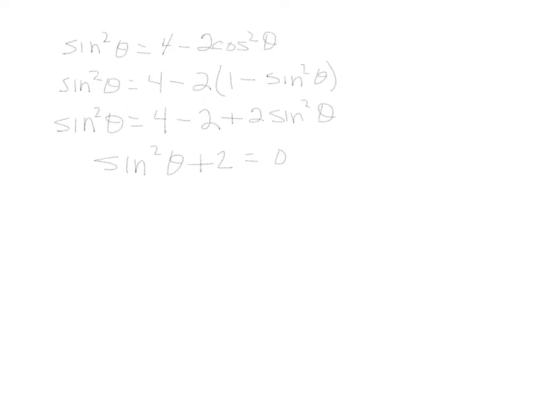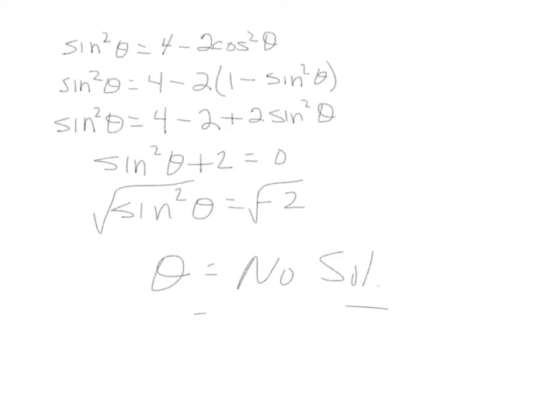So I'm going to subtract my 2. I have sine squared equals negative 2. What happens when we take the square root of a negative number? Yeah, it's imaginary, right? So that tells us we have no solution. So there's no solution for this problem.